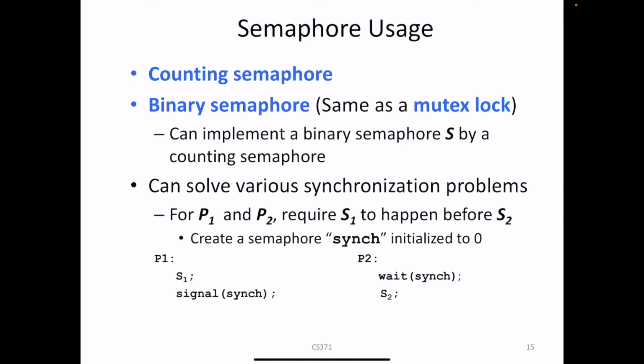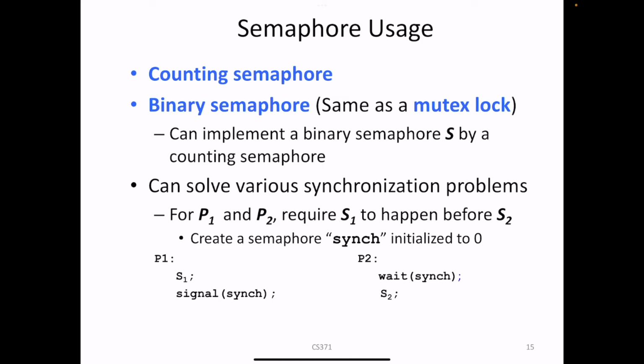Then P2 will call the wait operation. Since SYNCH is 1, which is higher than 0, P2 will get out of the while loop and decrease SYNCH by 1. So SYNCH becomes 0. Then it executes S2. So in this case, S1 is executed before S2.